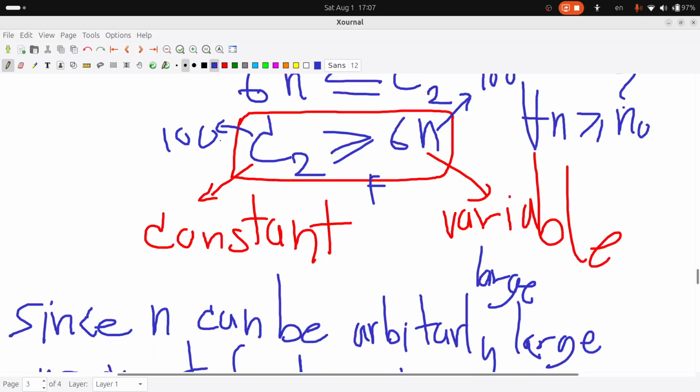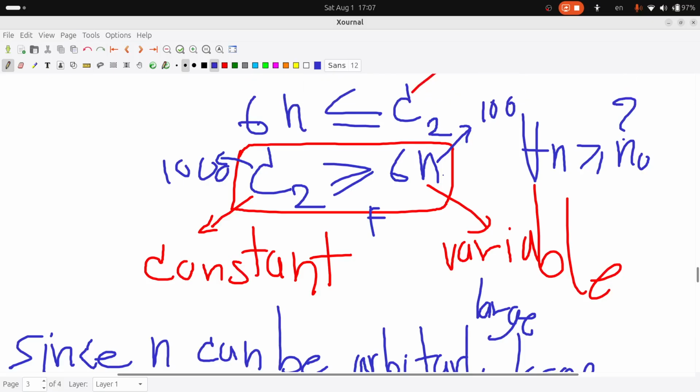See? And if I let constant c2 equal 1000, what about n equal to 1000? This side will be 6000. 1000 is less than 6000, so this one is also false.